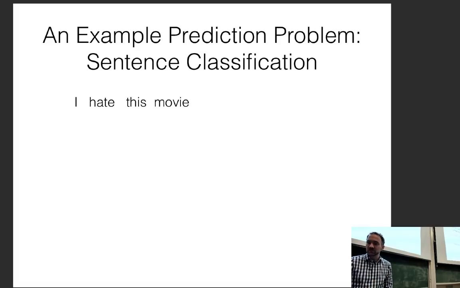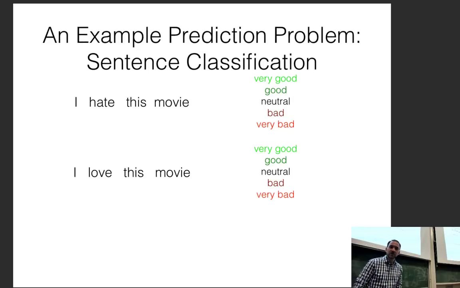So if we have "I hate this movie" and "I love this movie", the task is splitting this up into 5 classes where the sentiment is very good, good, neutral, bad, very bad. So this is maybe the easiest question that you'll have the entire time. What is "I hate this movie"? Very bad, okay. And "I love this movie".